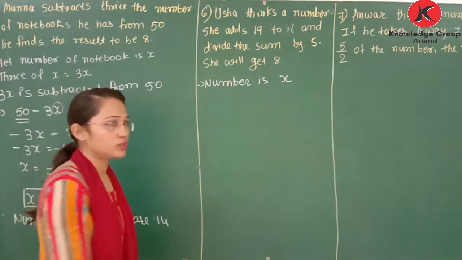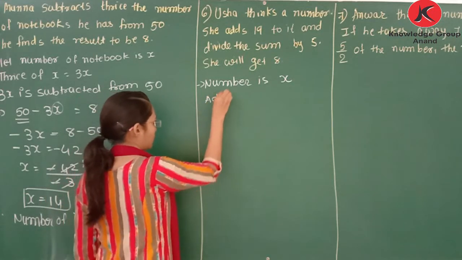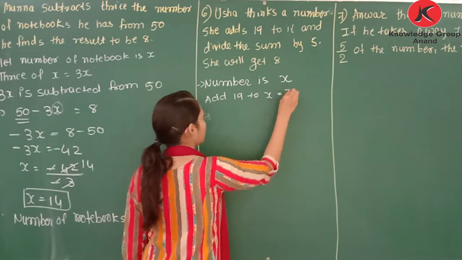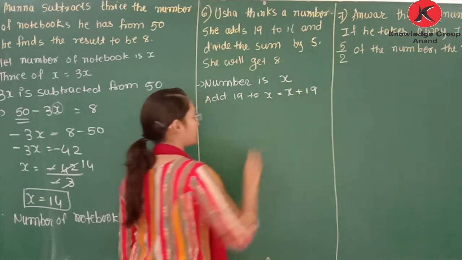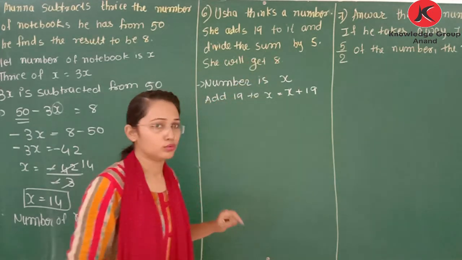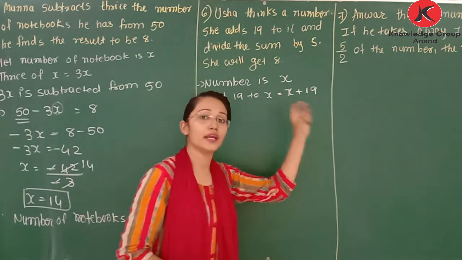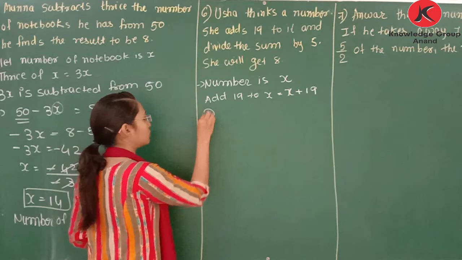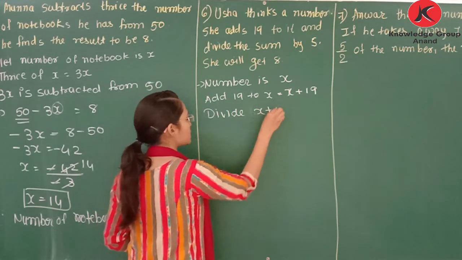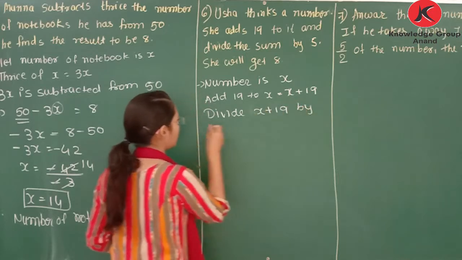Add 19 to it. So add 19 to x, that is x plus 19. And divide the sum by 5. This is the sum, divide it by 5. Divide x plus 19 by 5.